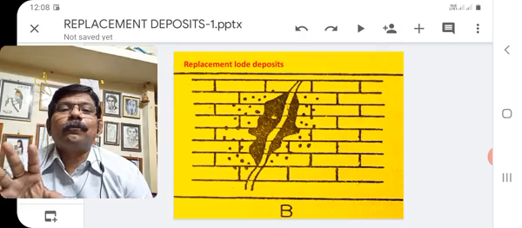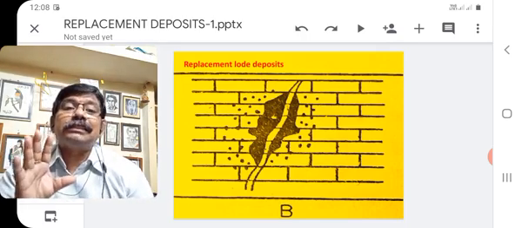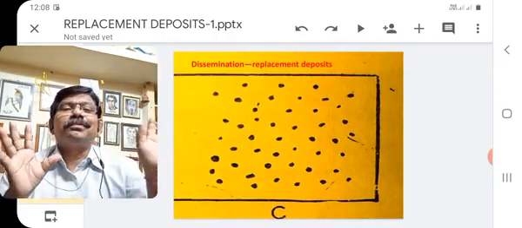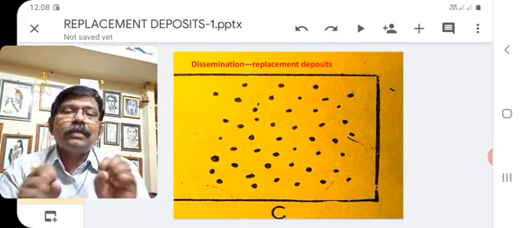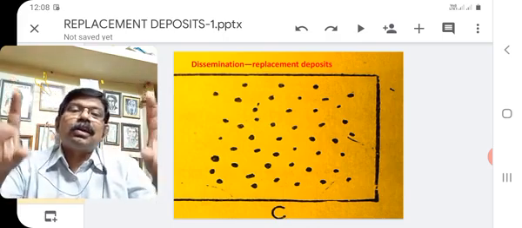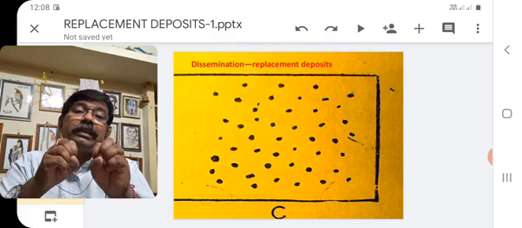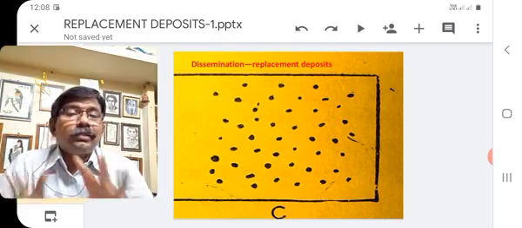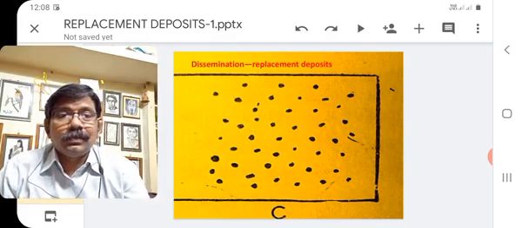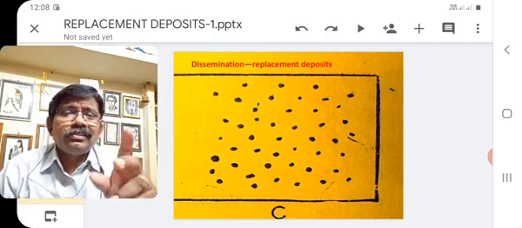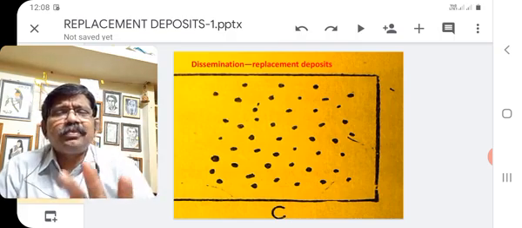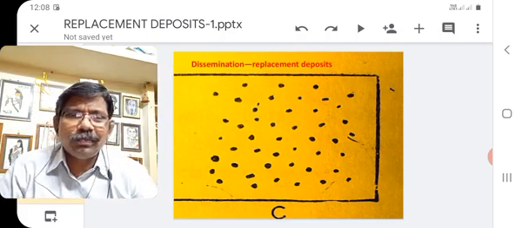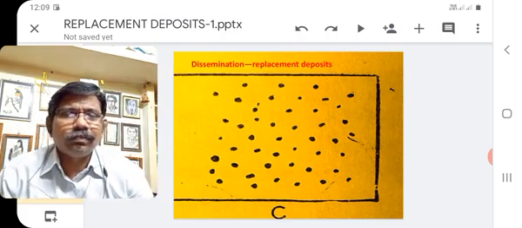Then the next one we already discussed just now: this is the high permeable rock, whatever it may be. Throughout the rock the hydrothermal material is derived, the material will be scattered and the metal formed, okay. The replacement deposits are bigger deposits than the cavity filling deposits, but the types are only 3 or 4, not more types.